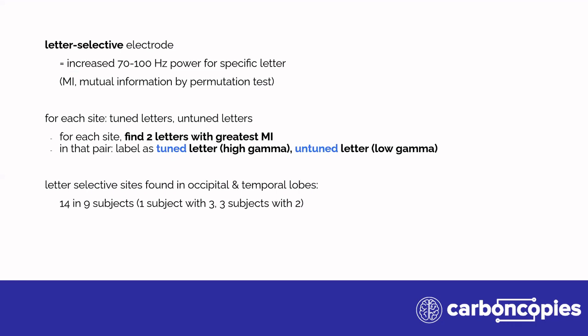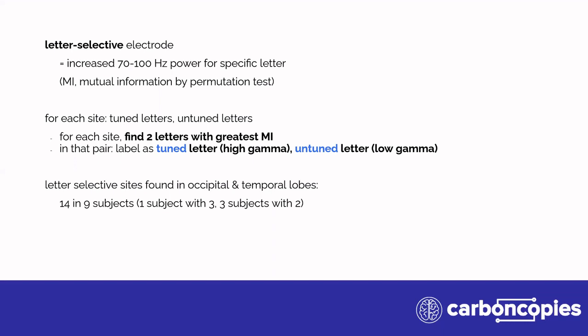Of all the sites present, letter-selective electrodes were identified by identifying those electrodes, those sites, where there was increased gamma power at 78 to 100 hertz for a specific letter.